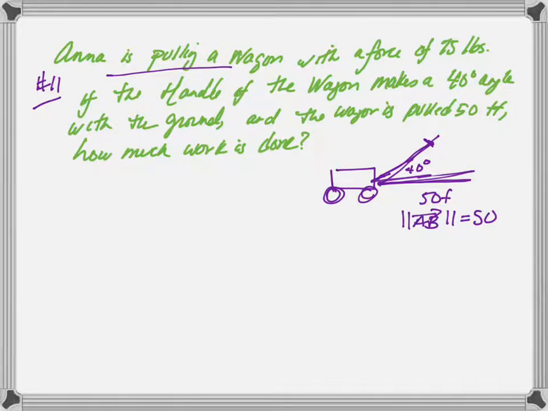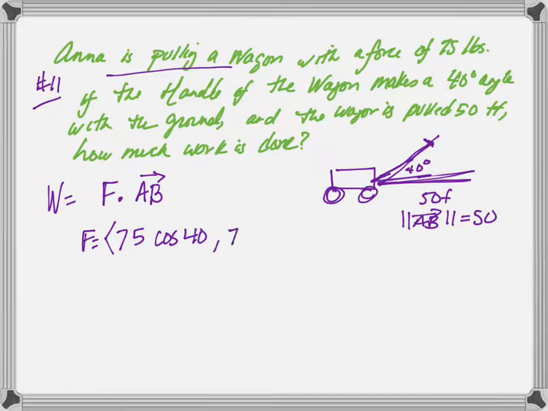Okay, so let's do it using the dot product. The work is equal to the dot product of the force times the vector AB, and we can get both those vectors. The force is at an angle, so F is equal to 75 cosine 40 and 75 sine 40, and vector AB is just across the ground, right?